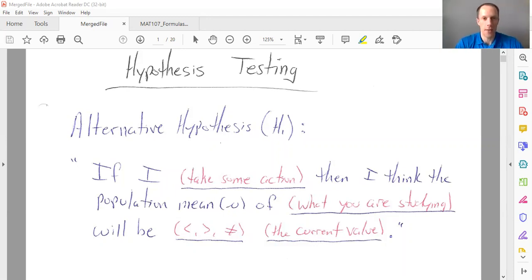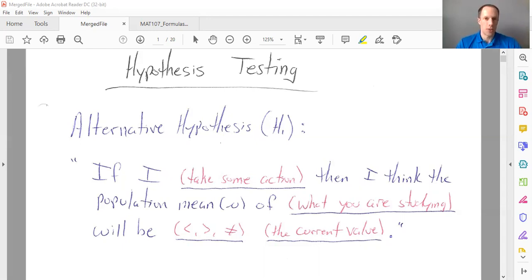Now, a lot of the hypotheses that we encounter will fit the form of the one that you see on the screen right now. If I take some action, then I think the population mean of whatever it is I'm studying will either be less than, greater than, or not equal to the current value. So for example, let's say that right now the average score on the final exam for Math 107 students is 75.